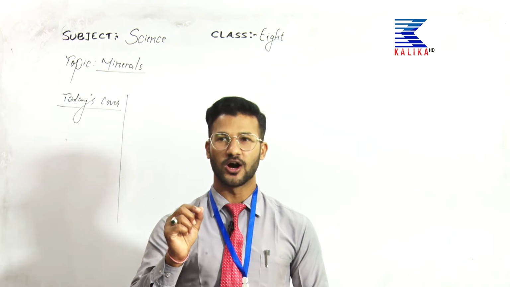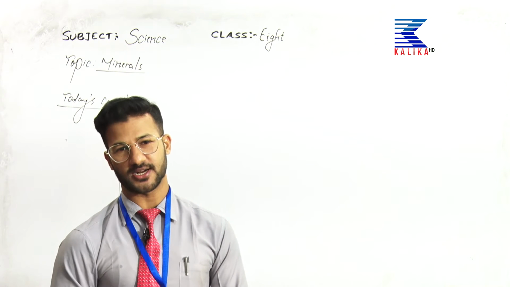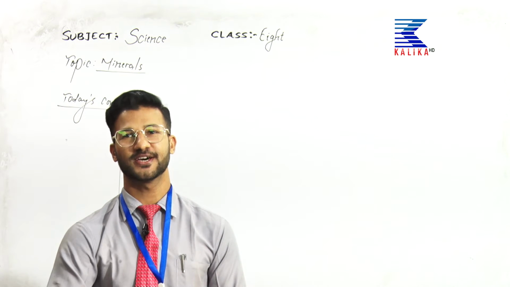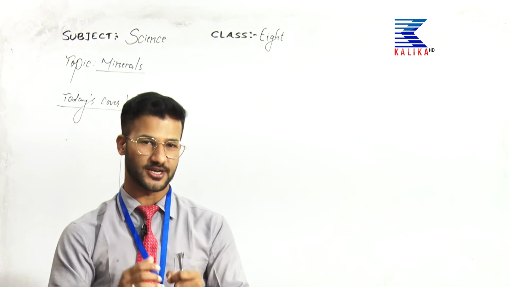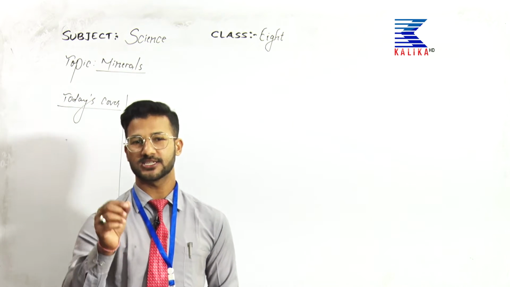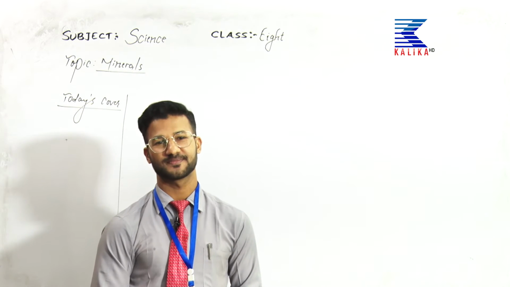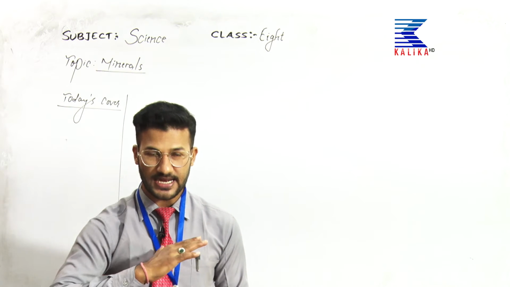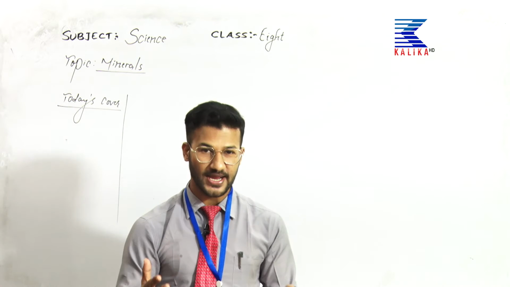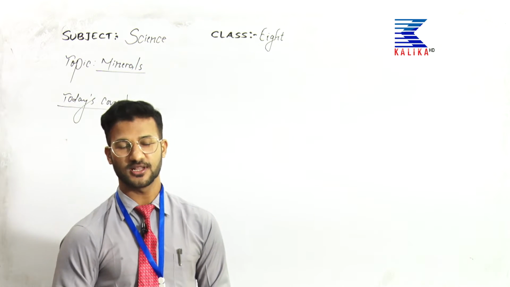Copper is a very good conductor of heat and electricity. It has high conductivity and low resistivity, so it conducts electricity very well. So it is widely used to make electrical wire.